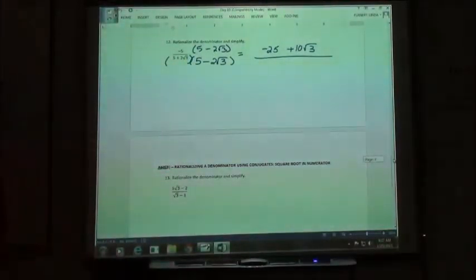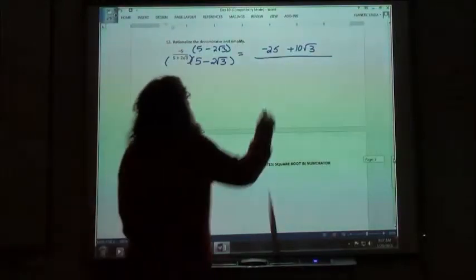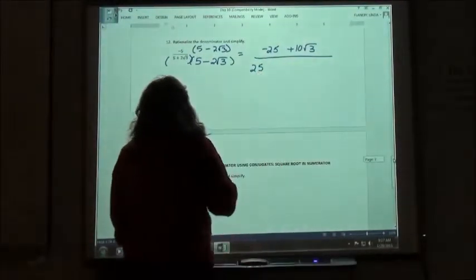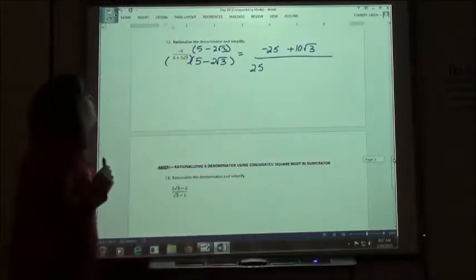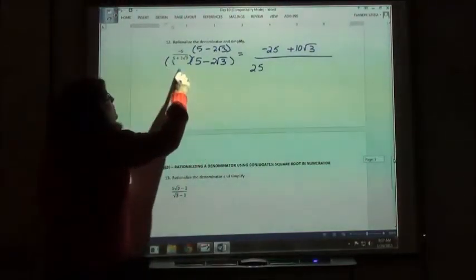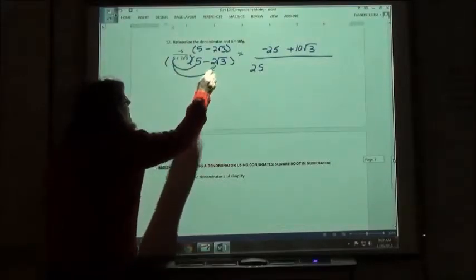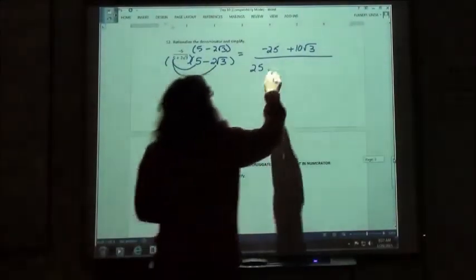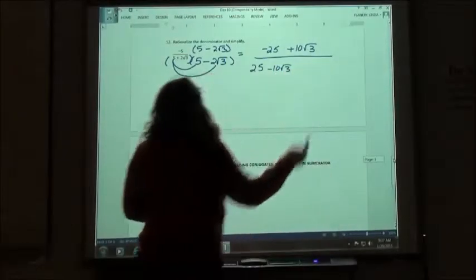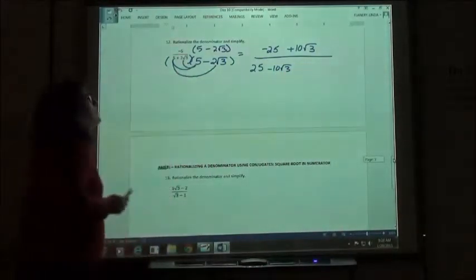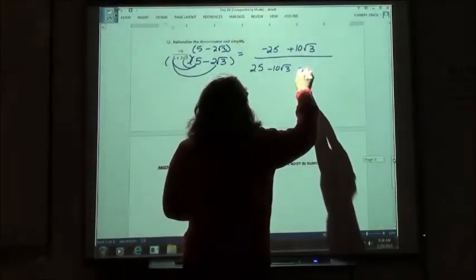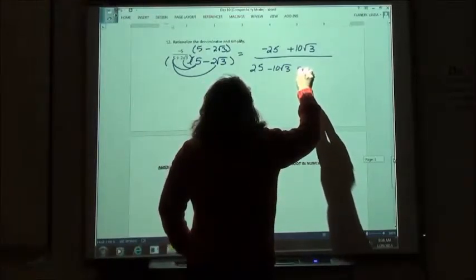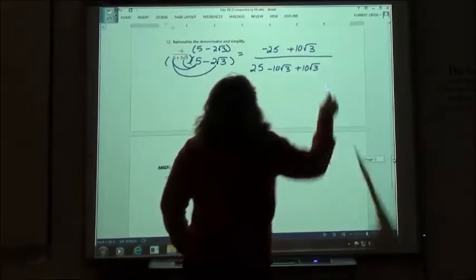So on the bottom, when you FOIL that out, you're going to get 25 plus 4. Where are you getting that from? The 2 times the negative. Now you got to FOIL it. So you did this times this, but now you got to do this times this, so negative 10 square root of 3. Then you got to do the inside, which is positive 10 square root of 3.